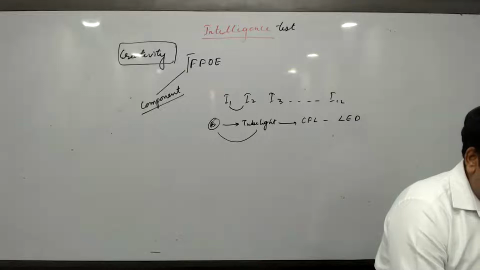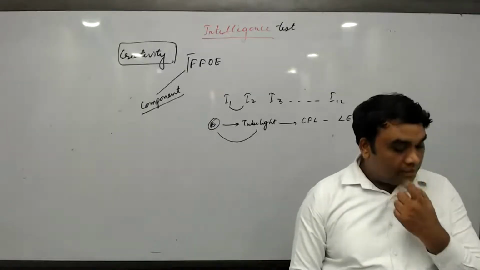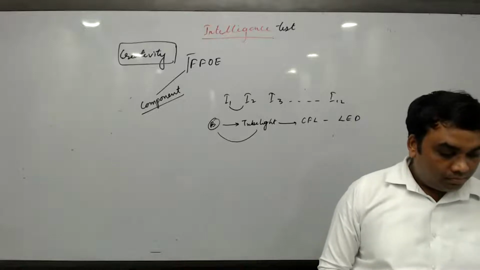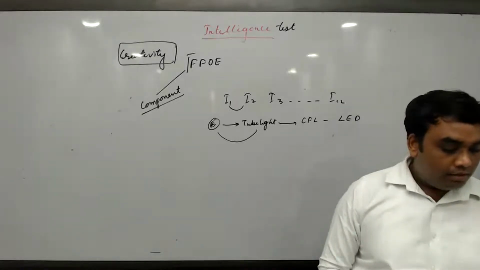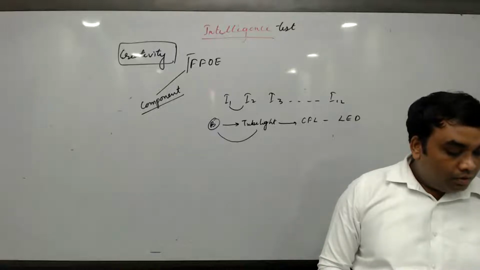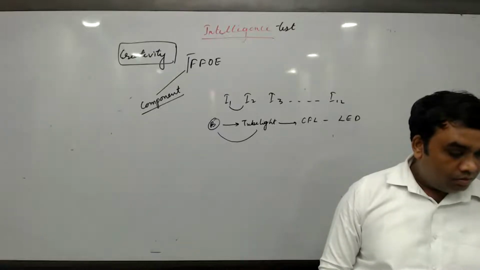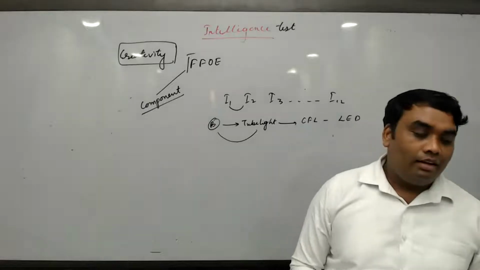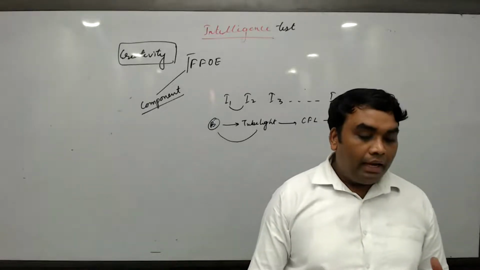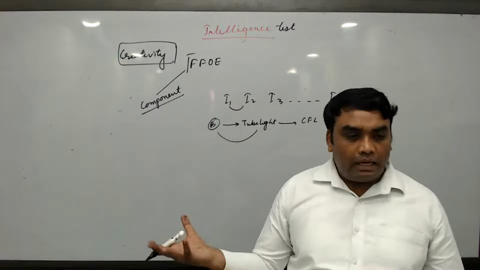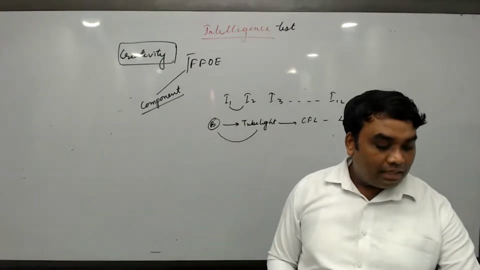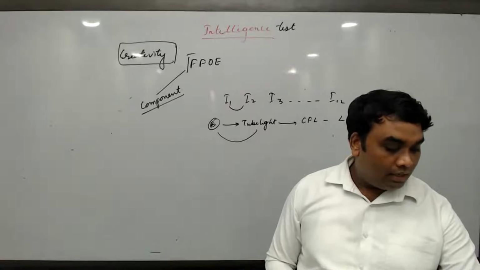Fluency, flexibility, originality, elaboration. So if anything has these four components, it means that thing will be basically what? Original.